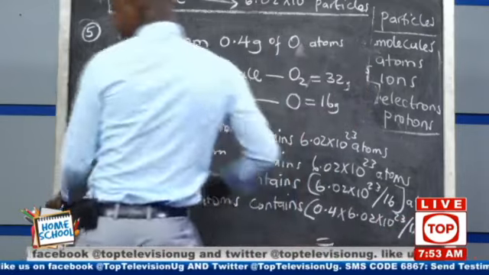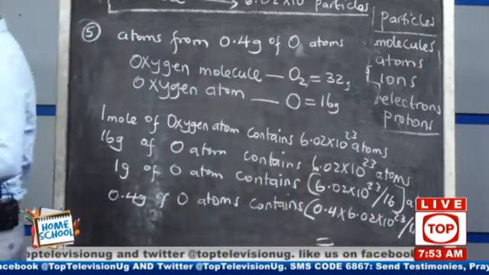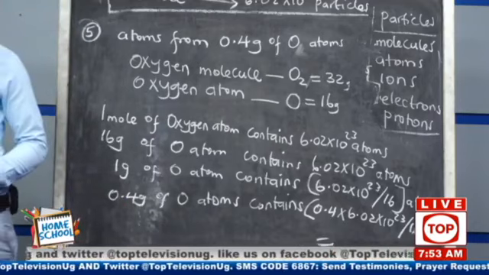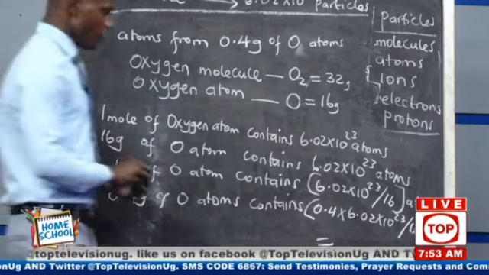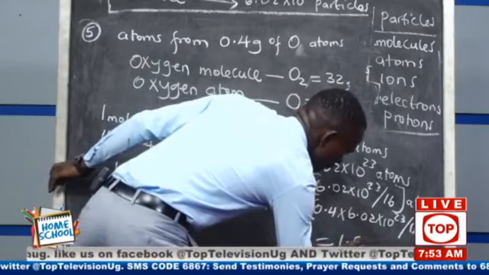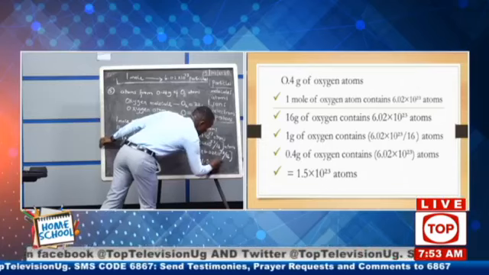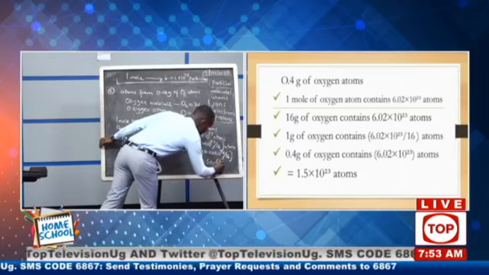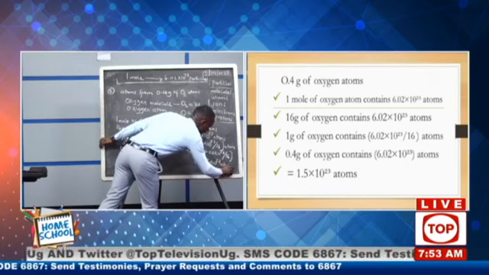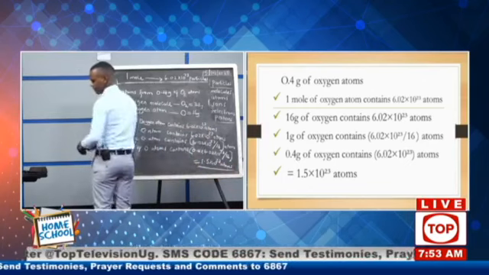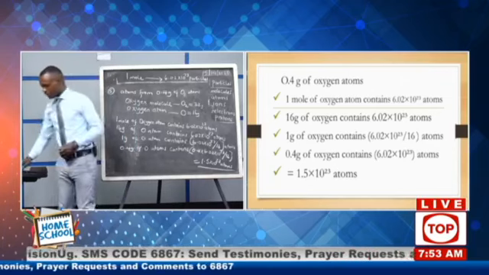Can we use our calculators to get the right answer? You should get 1.5 times 10 power 23 atoms. That is how we get it.